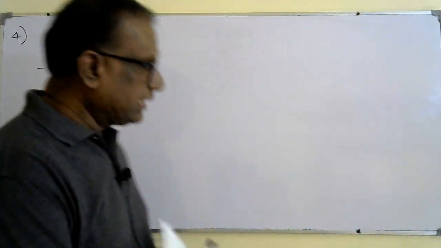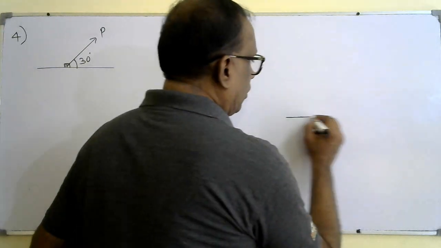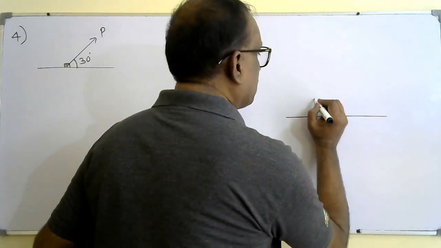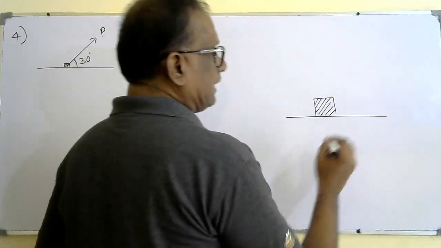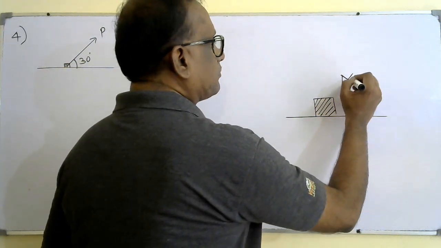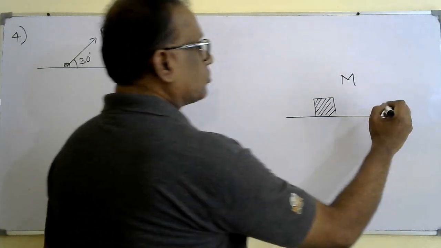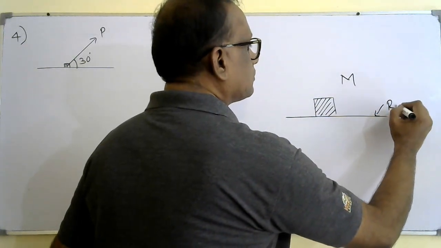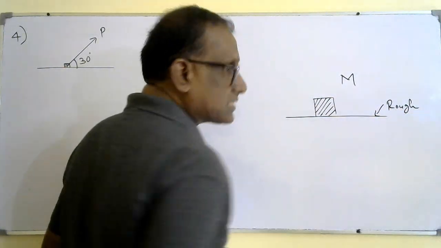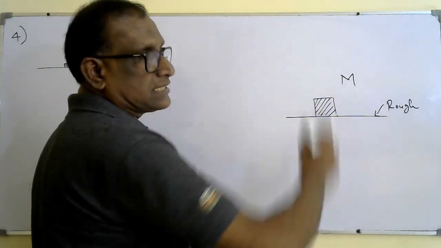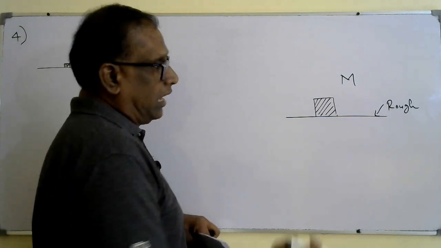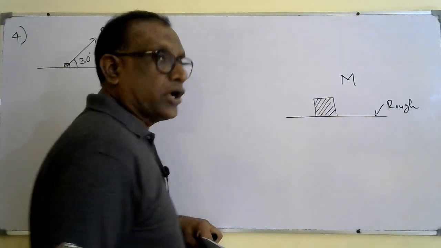Say for example, a block is kept on a floor, and let its mass be m. It's a rough surface. Initially it's at rest, so the weight balances the normal reaction, and there are no horizontal forces.